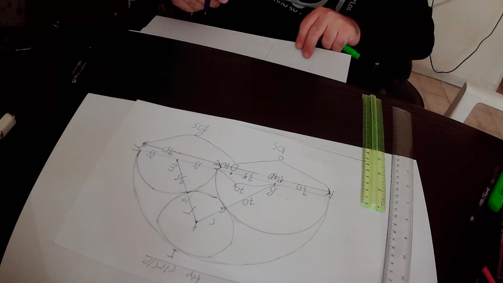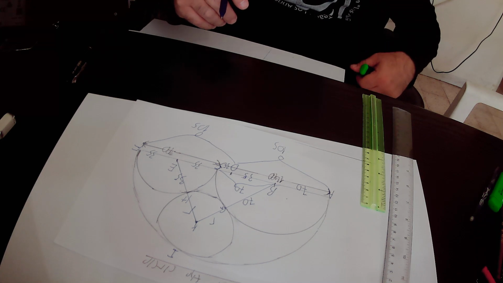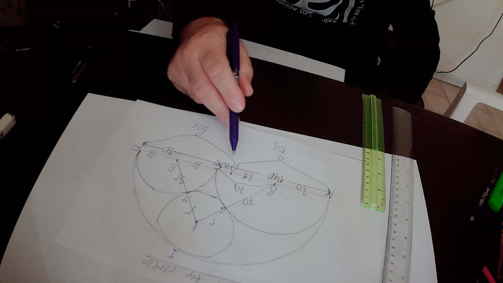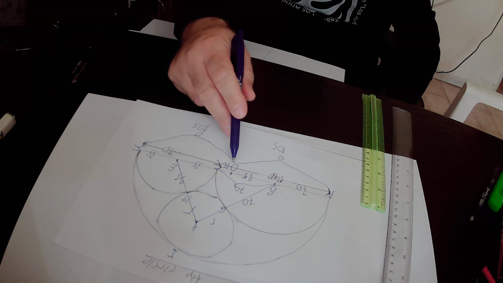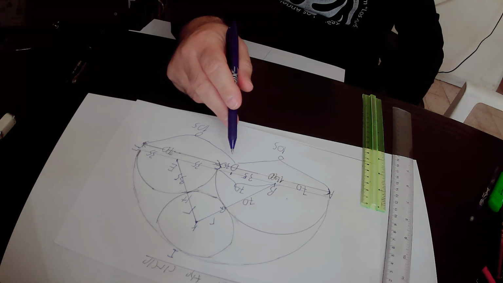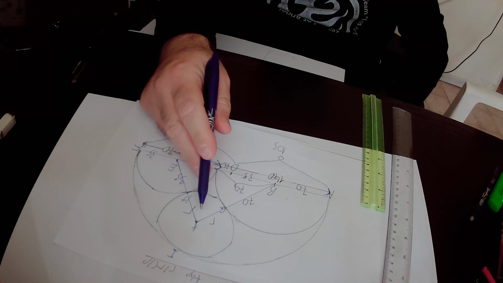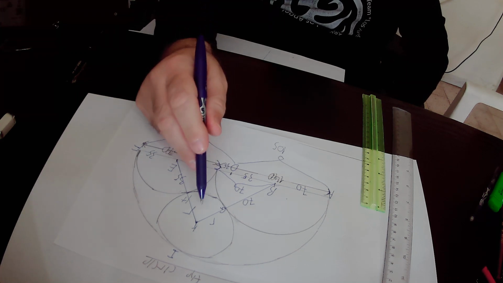In the next step, we will join the center of the biggest semicircle, that is to say point O, with the center of the circle, that is point K. We join points O and K together by a straight line.